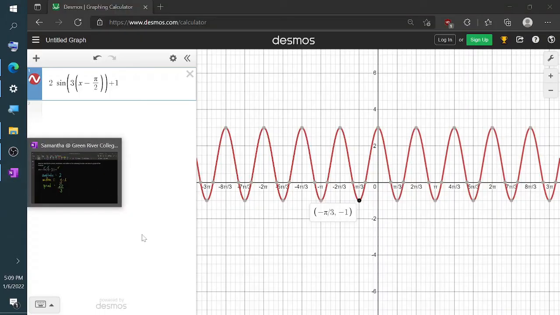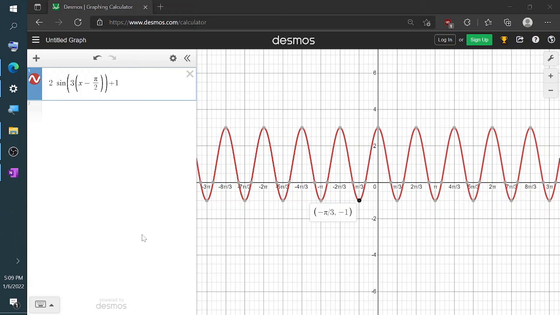So let's confirm our results by looking at a quick graph of this function. So we have a wave pattern with a minimum value of -1 and a maximum value of +3. And directly in between the minimum and maximum is the midline located at y equals +1 as expected.